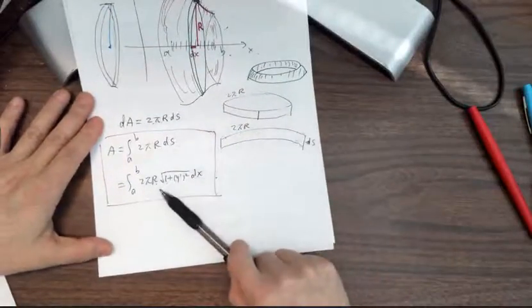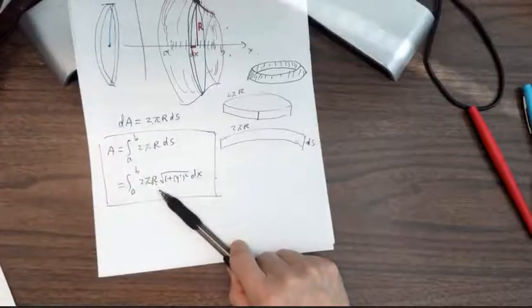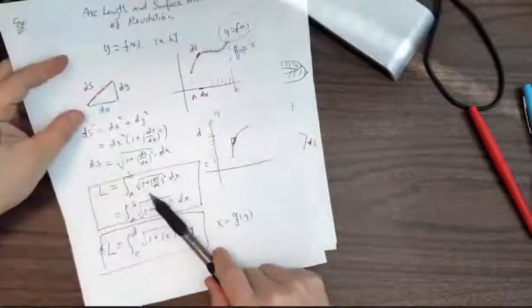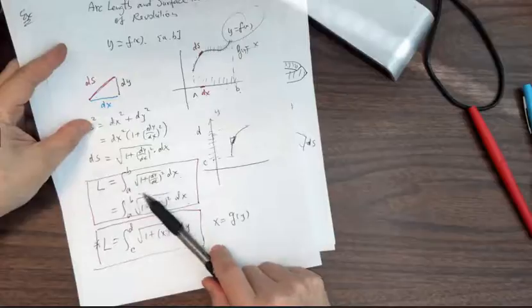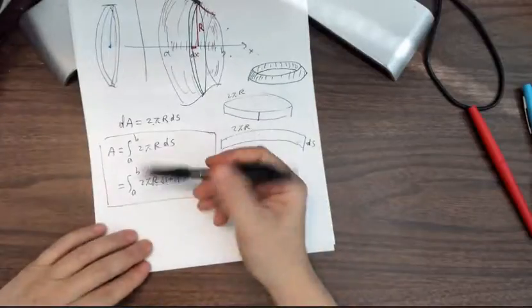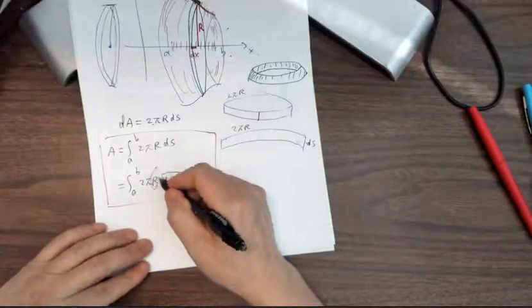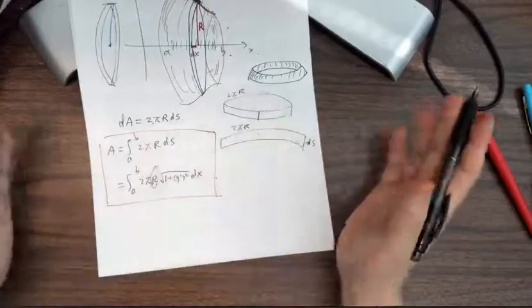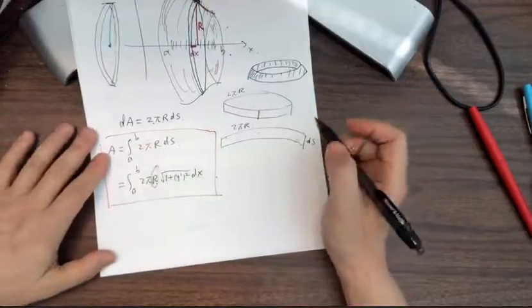Now this definite integral is more complicated than the definite integral for arc length, because we may have stuff here which can be bad.